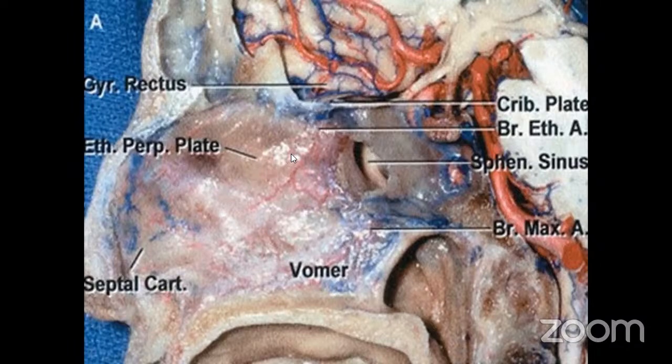It's formed by the perpendicular plate of the ethmoid bone, the vomer bone, and we have septal cartilage anteriorly. We have the sphenoid sinus present posterior to it here, and this is our pituitary gland, pituitary stalk. Gyrus rectus, the most inferior part of the frontal lobe, is present here, separated from the cribriform plate of the ethmoid bone.